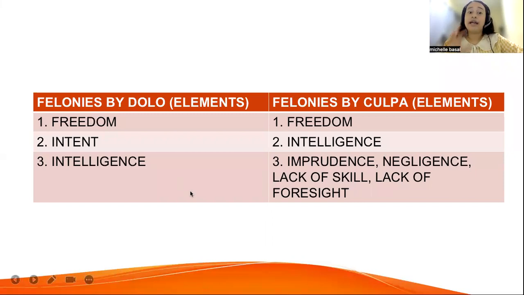Applying the rule, all of these three must be present for a person to be held liable for the commission of an intentional felony. He should have the freedom, he should have the intent to commit such crime, and he should have the intelligence or the understanding of the repercussions or of the effect of such crime.